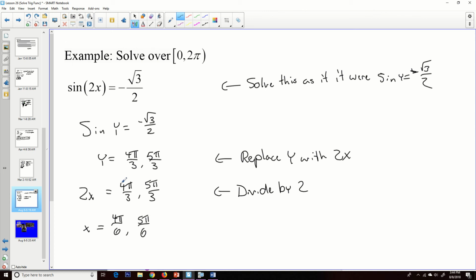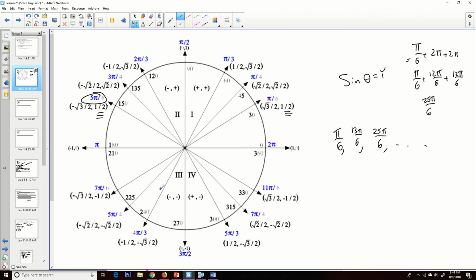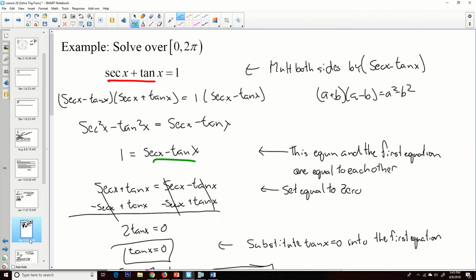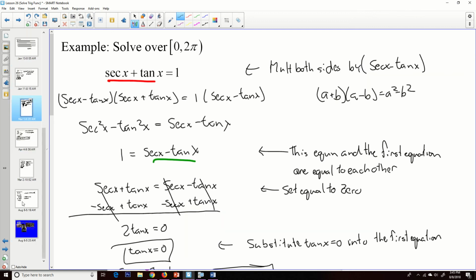If I take that 4 pi over 3 and ask what would the next one be, 4 pi over 3 all the way back around: 4 pi over 3, 5 pi over 3, 6 pi over 3, 7 pi over 3, 8 pi over 3, 9, 10. Did I count that right? 10 pi over 3. Yeah, that's going to be right. 10 pi over 3 would be the next value in that sequence.